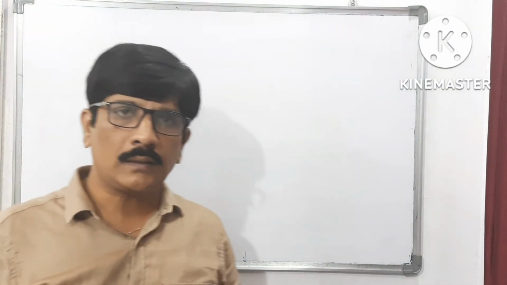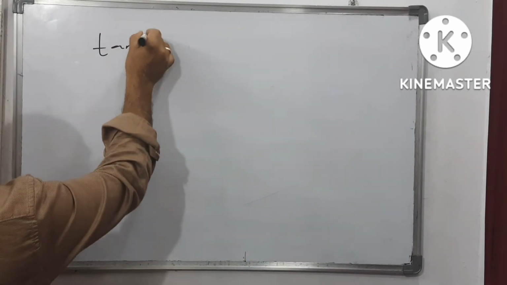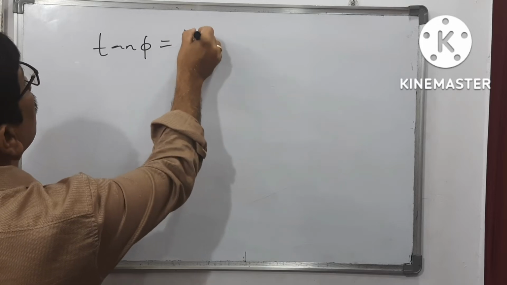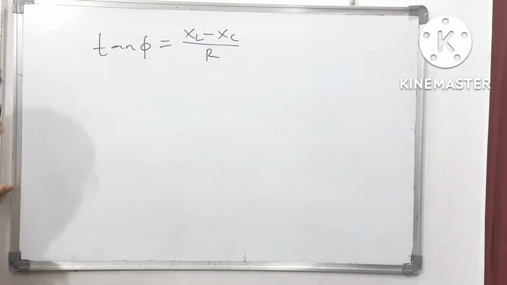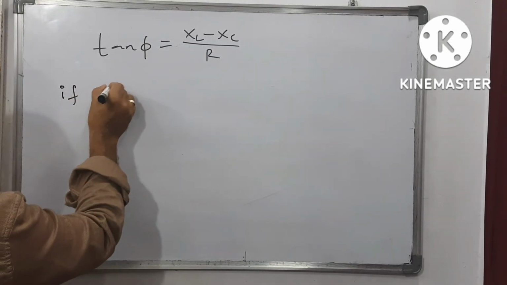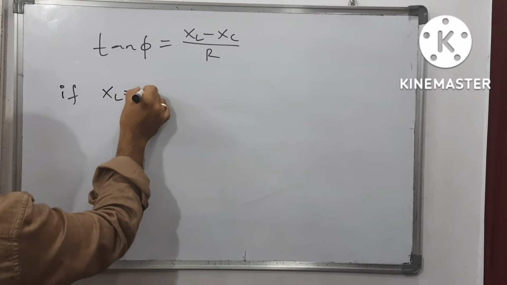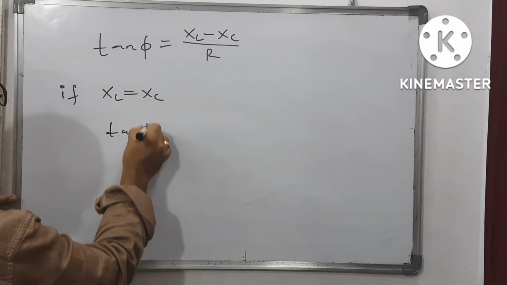Now we are going to discuss the special cases. You already know the phase angle formula, tan phi is equal to XL minus XC divided by R. In special cases, if XL is equal to XC, what happens? Then tan phi is equal to what?